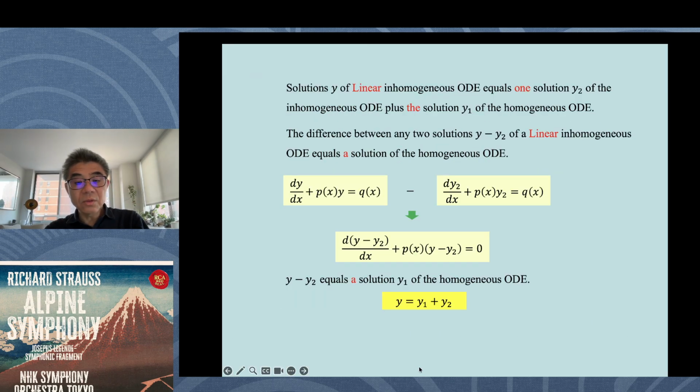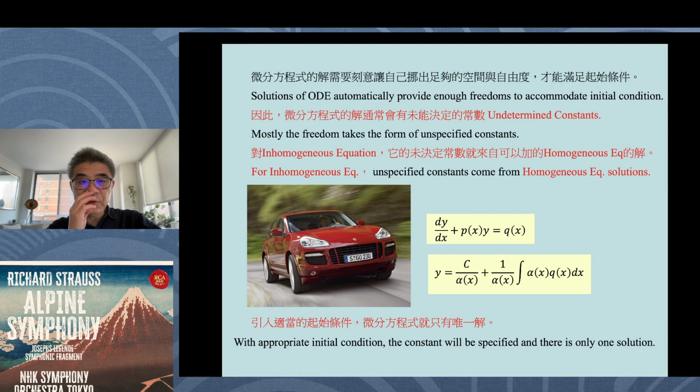Remember, this y1 is very, very important because y1 is the solution of the homogeneous version. And remember that we always need the solution to provide enough freedom to accommodate the initial condition. Mostly the freedom takes the form of unspecified constants.